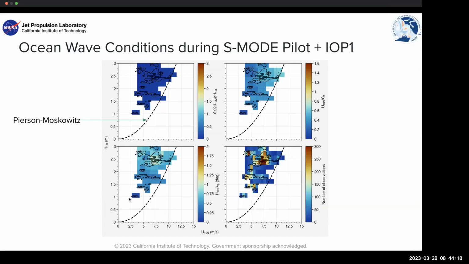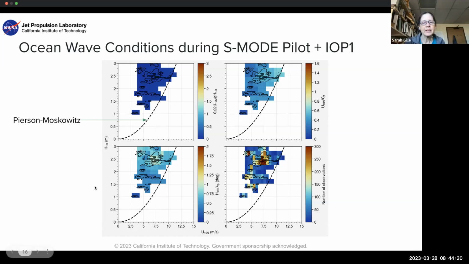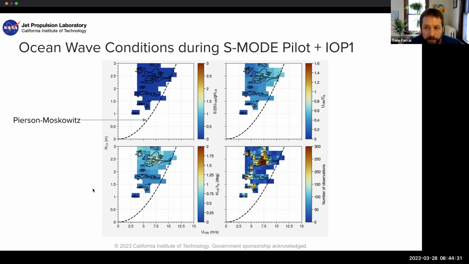Yeah. I see that Tom has his hand up. Ernesto, you mentioned that you think the relatively worse performance of the GMF at low wind speeds is basically due to the fact that it's old seas or non-local wave effects.